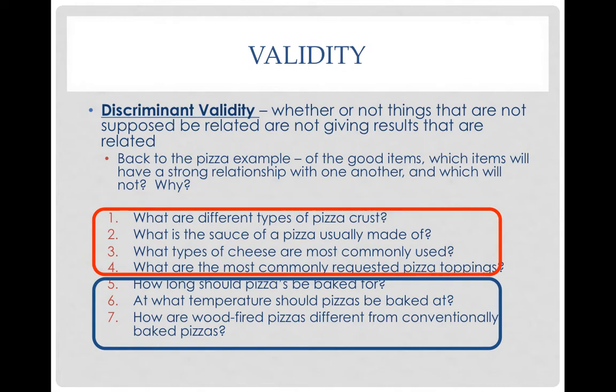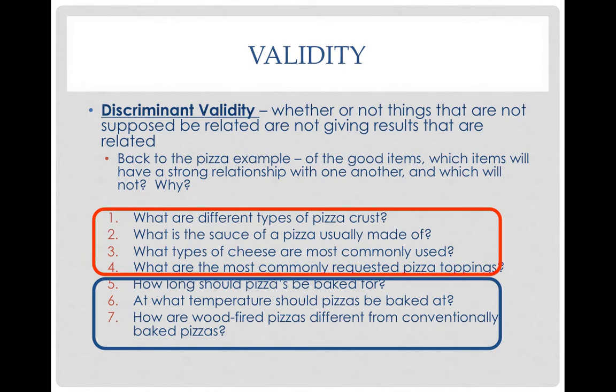One is about ingredients, and the second set is about baking. And when I look at that, people's scores on questions 1 through 4 should be much closer, right? If you know about ingredients, you have a better chance of scoring well on any one of these.